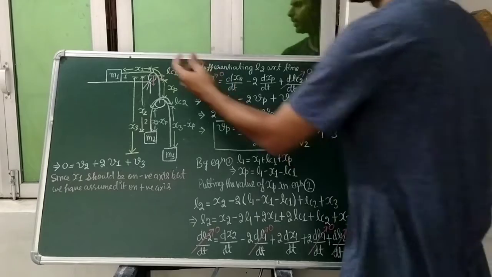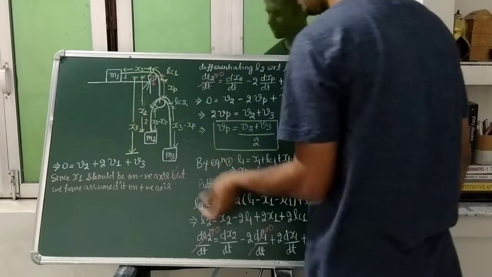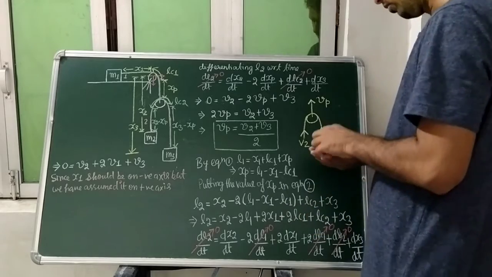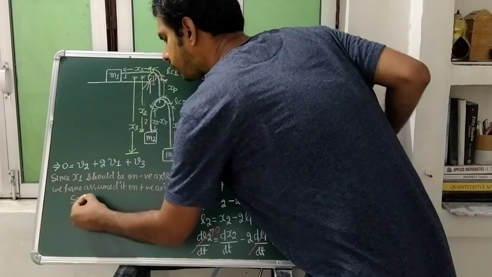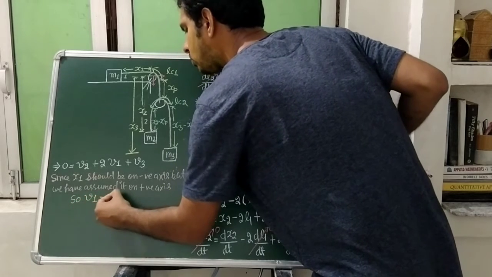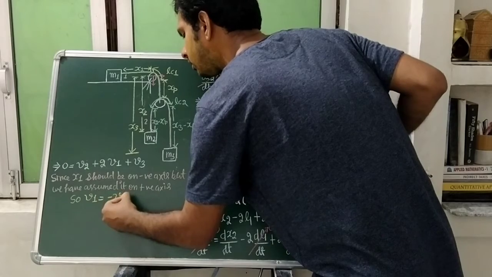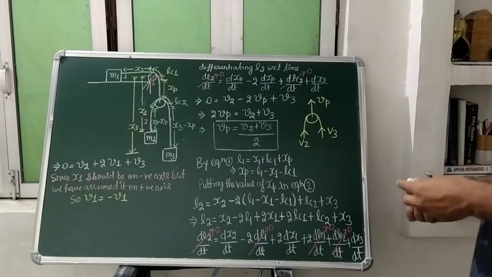But since we have written that negative side as our positive, we can say that our v1 will be equal to what? Minus of this v1, isn't it? So v1 should be minus v1.